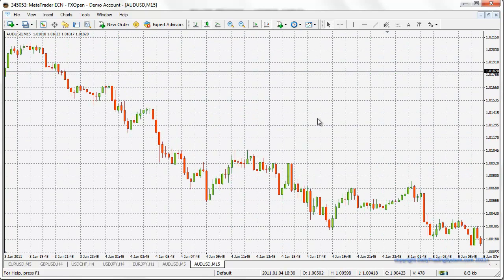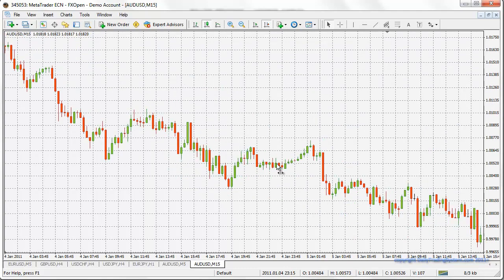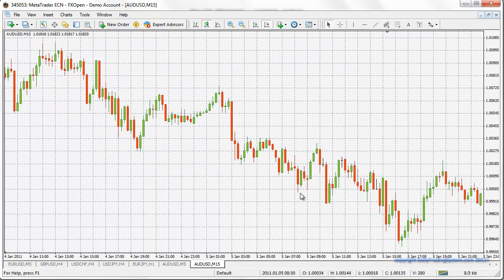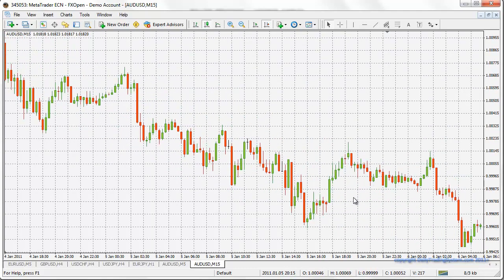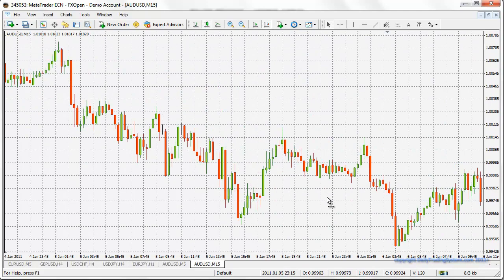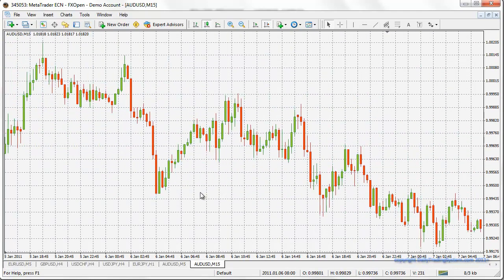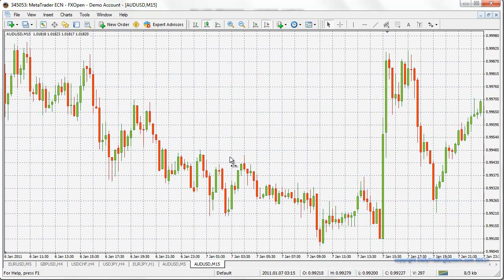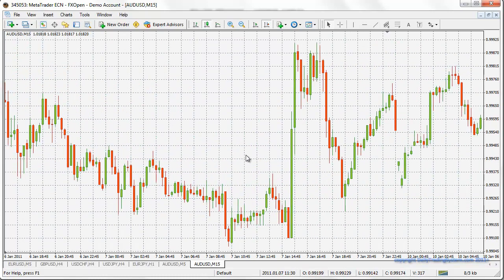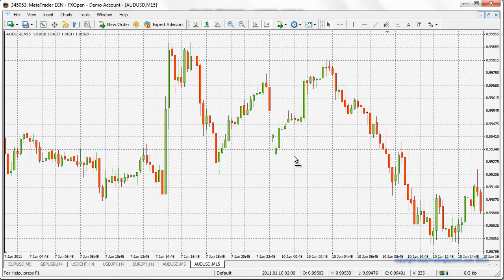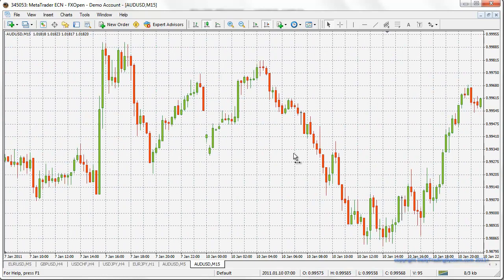So I just need to find that big down candle followed by some smaller ones. And we're not finding any at all. Seeing a lot of down candles though, but we're not really seeing it.